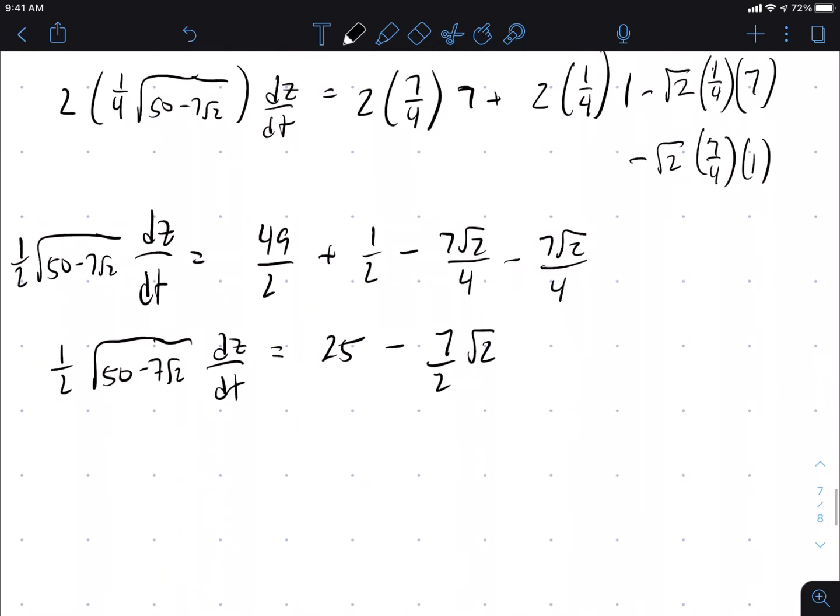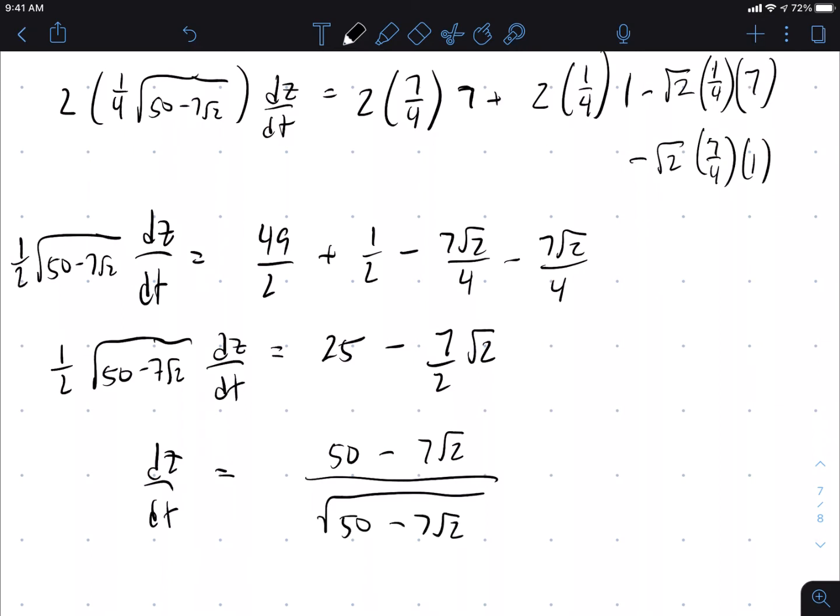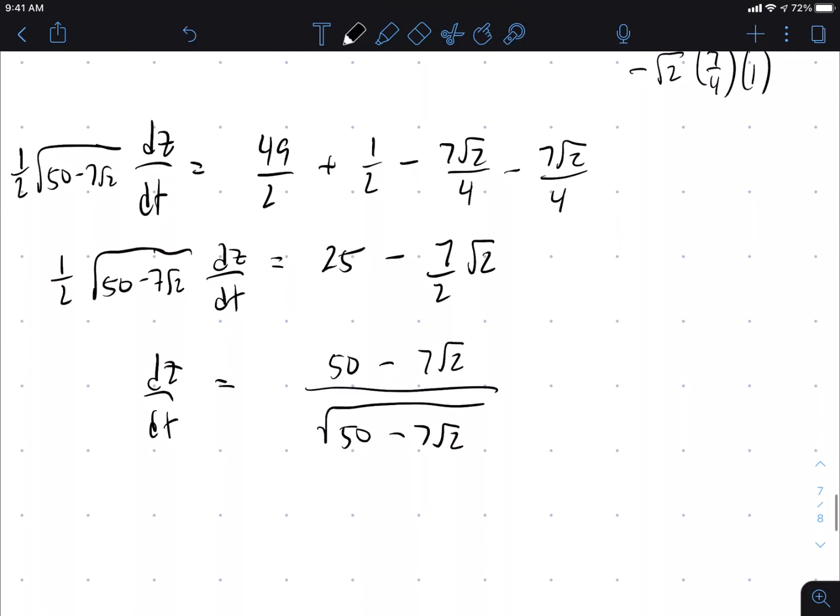And then I'm going to get dz/dt equal to 50 minus 7 root 2 over root of 50 minus 7 root 2. Oh, but that even cleans up: 2 times root of 50 minus 7 root 2.